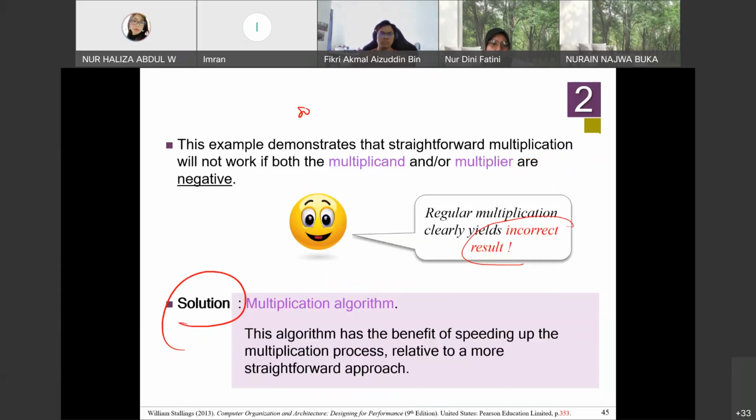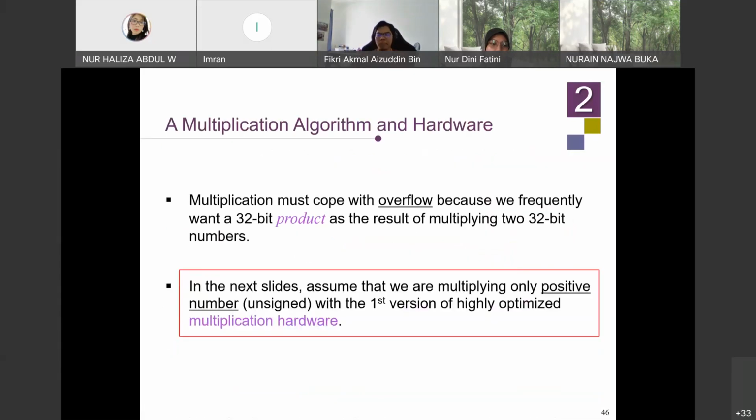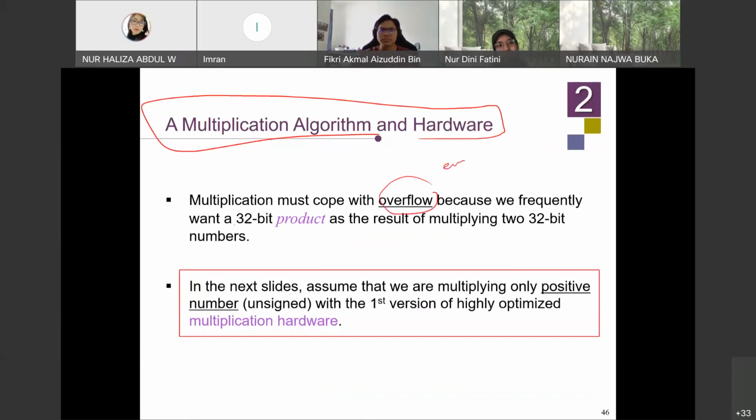We're going to learn using multiplication algorithm. There is an algorithm for you. A multiplication algorithm and hardware. Okay, a multiplication can cope with overflow error because we frequently want a 32-bit product as a result of multiplying 2 numbers.